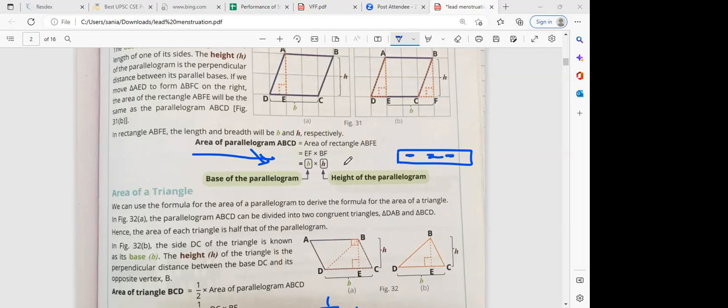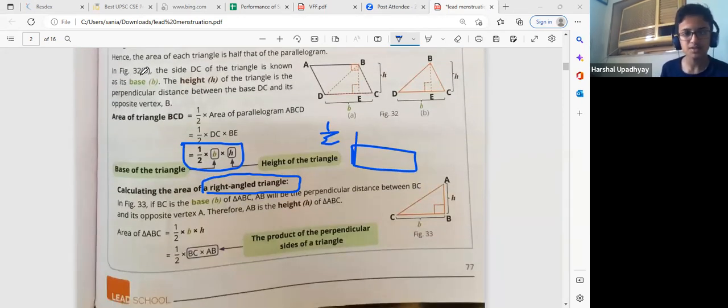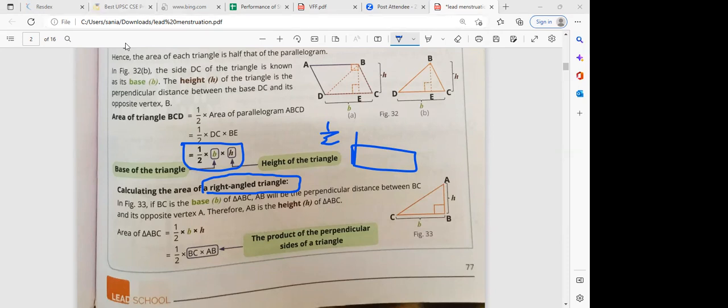Just write area of parallelogram and the formula, which is base into height. Ma'am, does it make sense to write the same formula again, like for the right angle triangle? No need to do that. Okay, ma'am, then you can scroll.